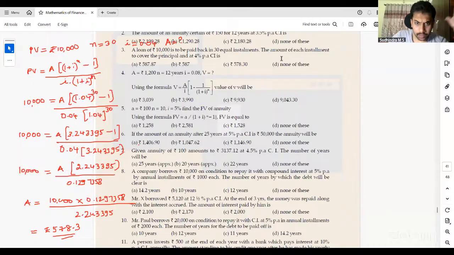Vikram correct. Prapti correct. And Kushal, you have to recheck.